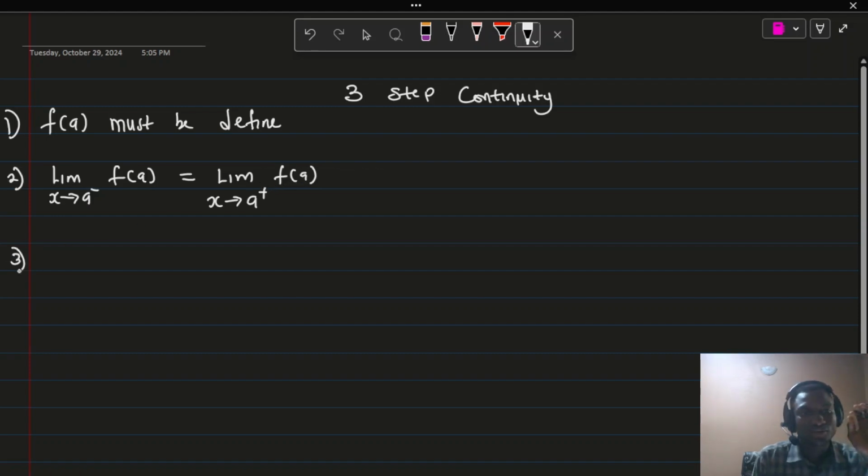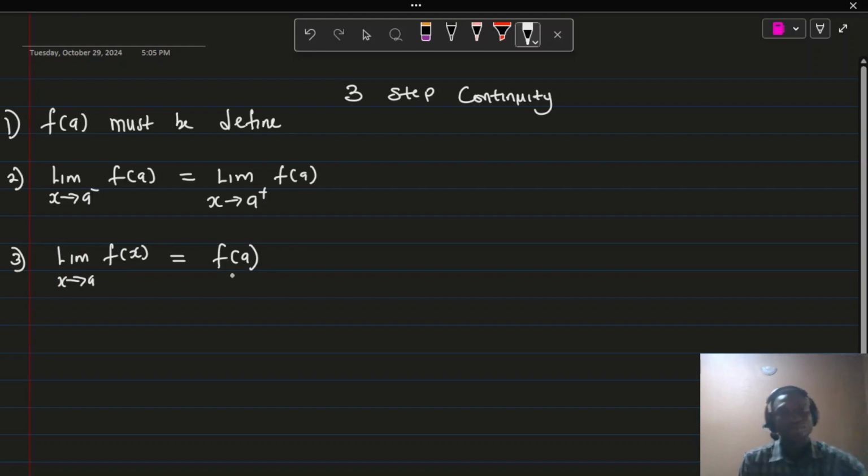Then the last one is the limit as x approaches a of f of x must be equal to f of a. So this is the 3-step continuity test that we are going to use to solve our question.